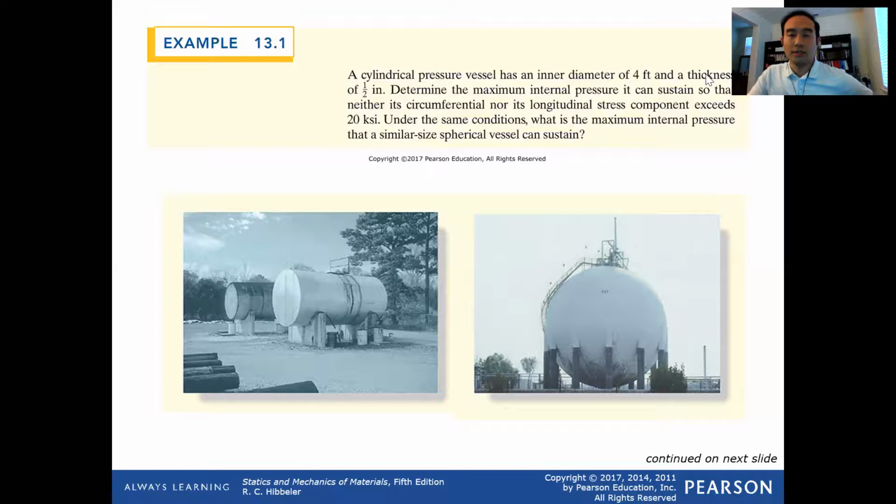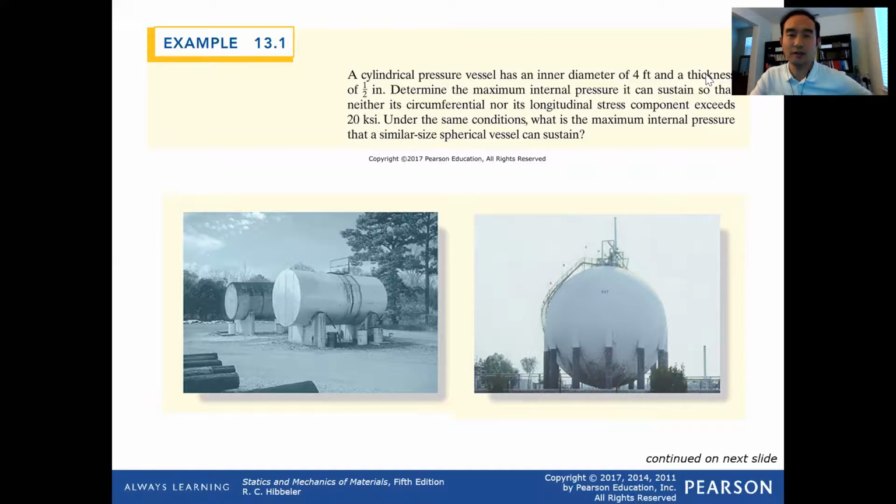So in this case, we have a given limit for sigma 1 and 2, and we'd like to find out the maximum internal pressure P. So we're going to back calculate P from the sigma 1, sigma 2 equations with the given information of diameter and thickness. So that's the first part of this question.